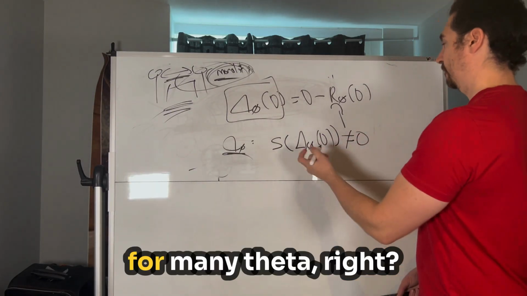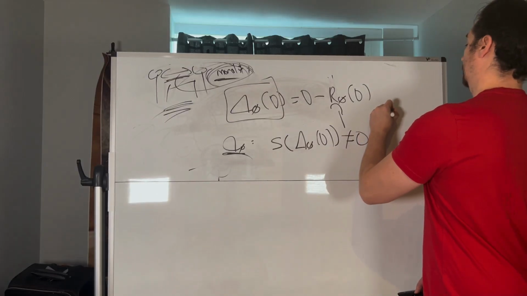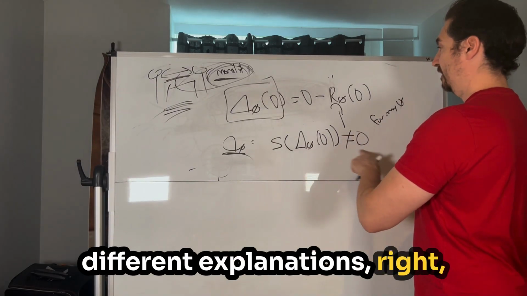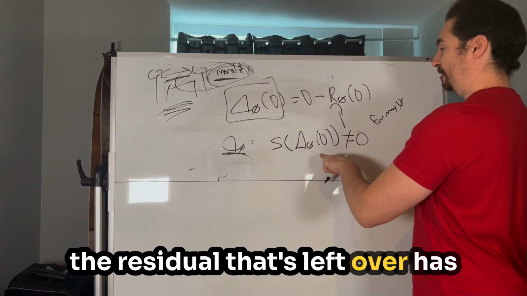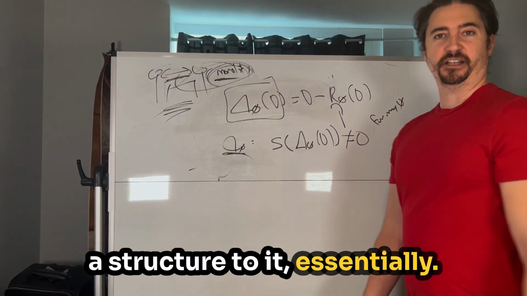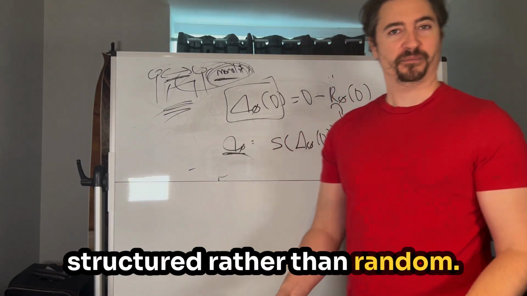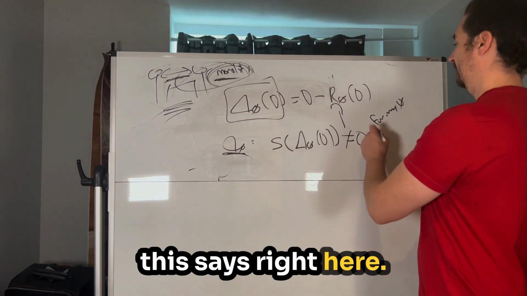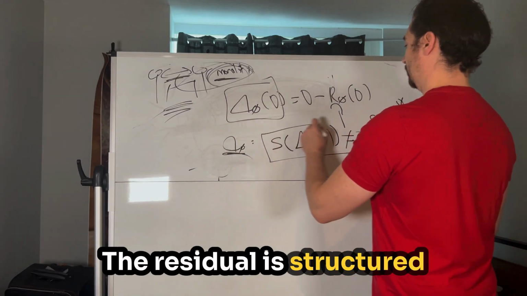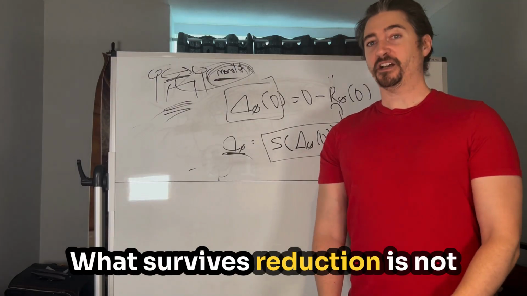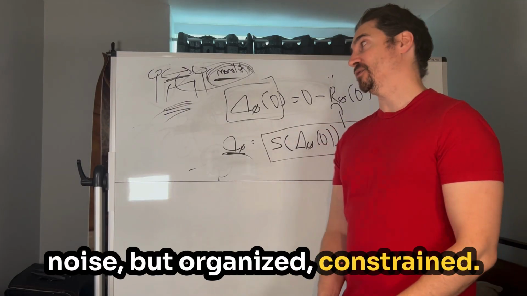And again, for many theta, right? So as you come up with many different explanations, the residual that's left over has a structure to it, essentially. The residual is therefore structured rather than random. That's basically what this says right here. The residual is structured rather than random, okay? What survives reduction is not noise, but organized constraint.